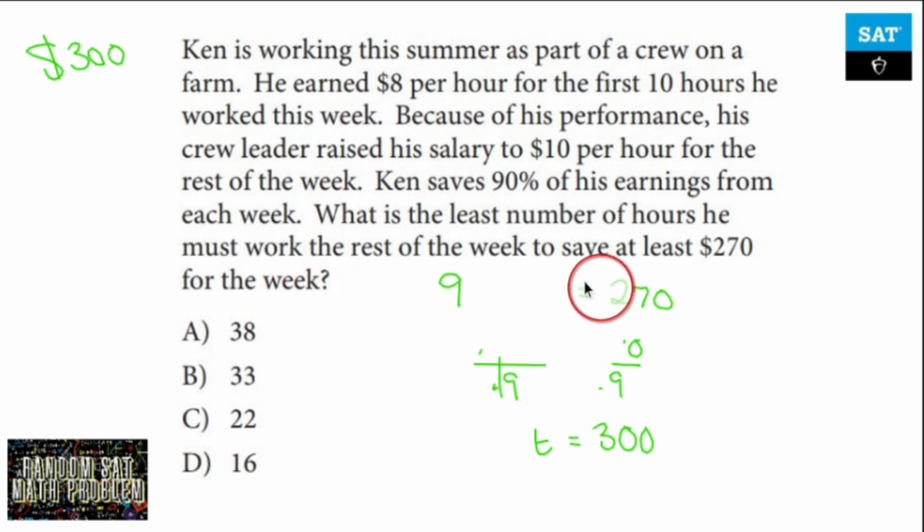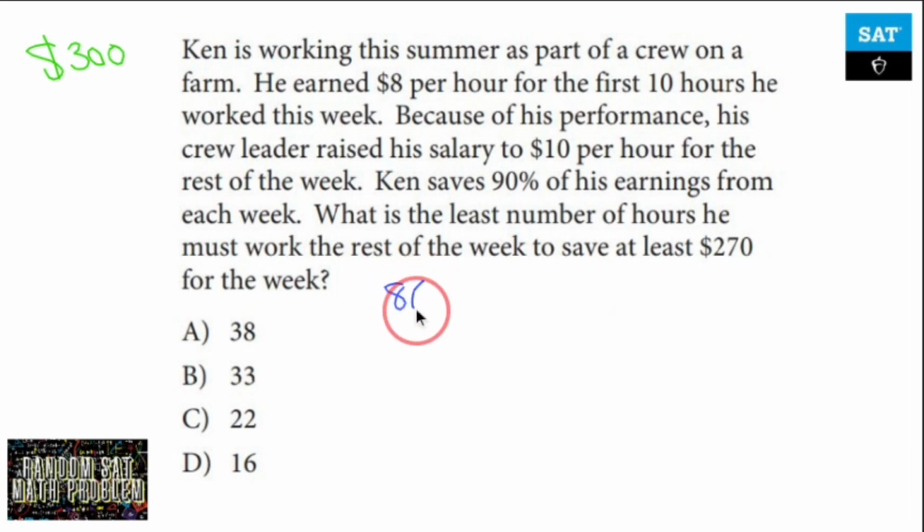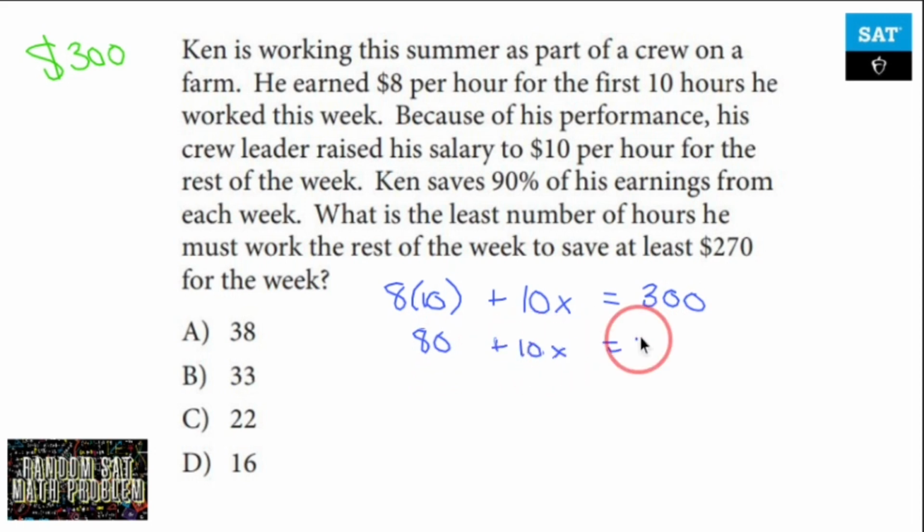He's already worked 10 hours at $8 an hour, so that becomes 80. Now he makes $10 per additional hour, and he needs to make $300. So 80 plus 10x has got to equal 300.